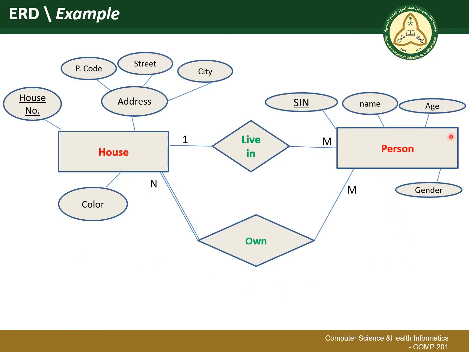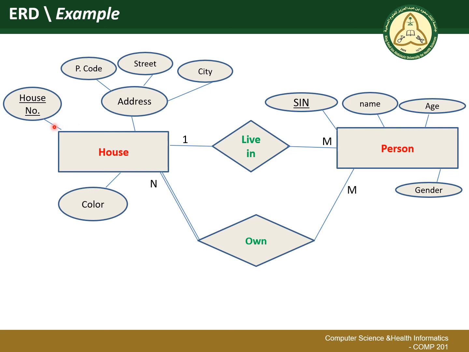So here each entity is represented in a rectangle shape. We have the person and we have the house, and each entity has attributes. For the person there is the gender, the age, the name, and the social insurance number, and the house has attributes color, the house number, and the address, which is a composite attribute consisting of the postcode, street, and city.